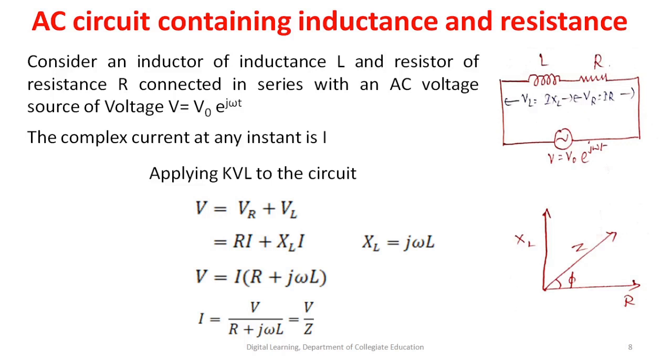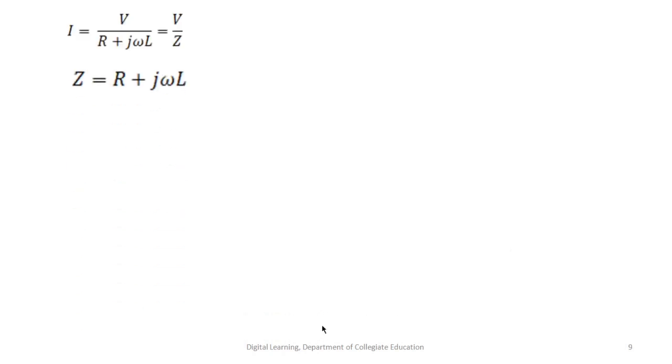So in terms of I, we can represent I is equal to V divided by R plus j omega L. Replace this R plus j omega L with impedance Z, where Z is equal to R plus j omega L. Z is a vector. Its value will be equal to modulus of Z e power j phi, where phi is the phase angle and it is positive.